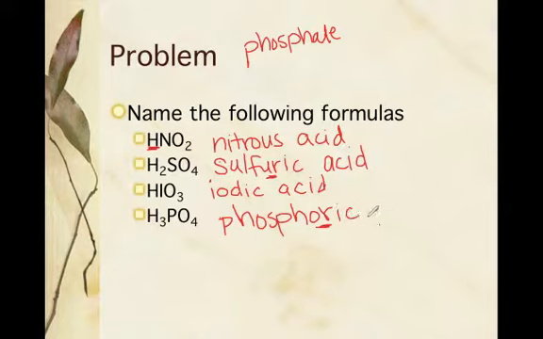Instead of phosphic acid, it's phosphoric acid. Why is there a 3 here? Right. Phosphate has what charge? -3, so we have to have 3 positive ones, so we have 3 hydrogens. So it's H3PO4.